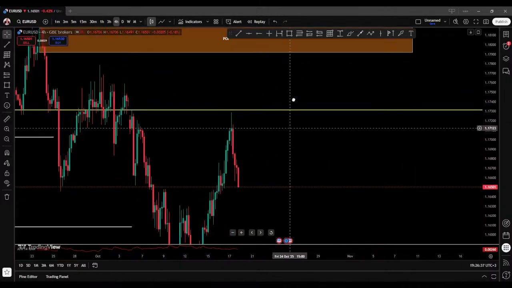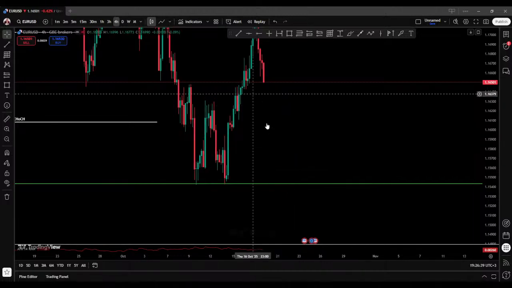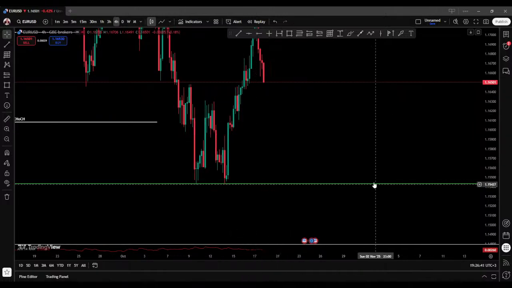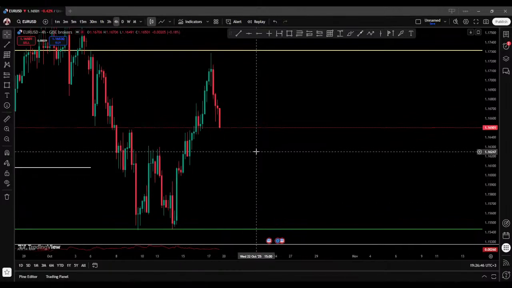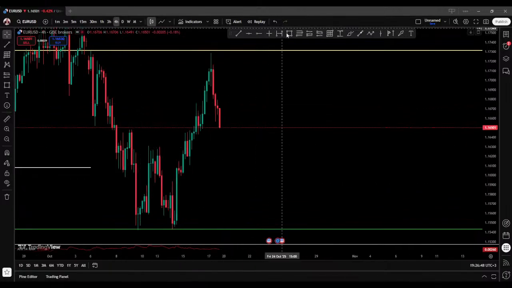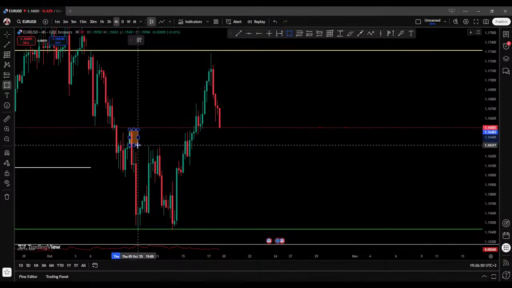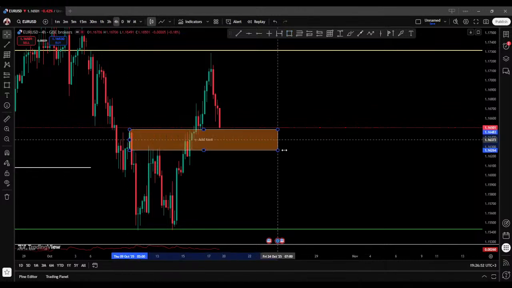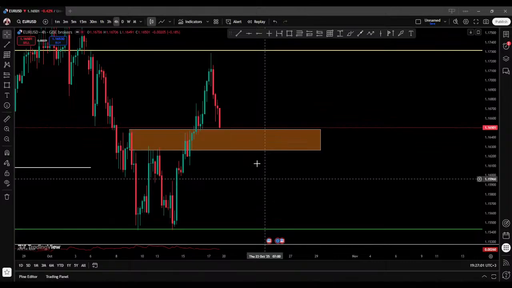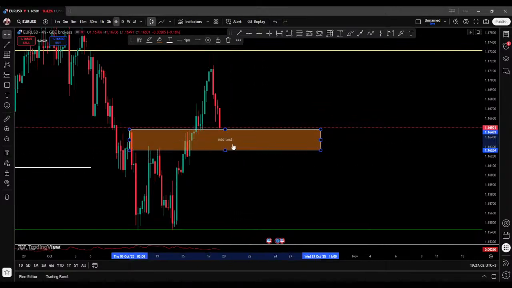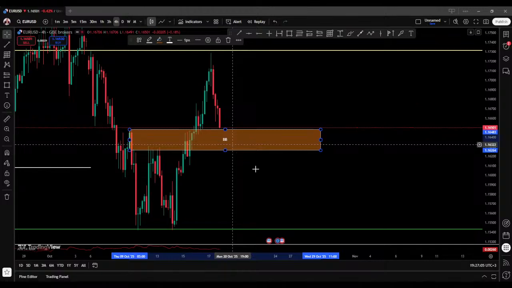So we need to ask ourselves, what is down here that can cause the market to come down? I can see something here. Can you see that? That is a breaker block. We have a BB there.